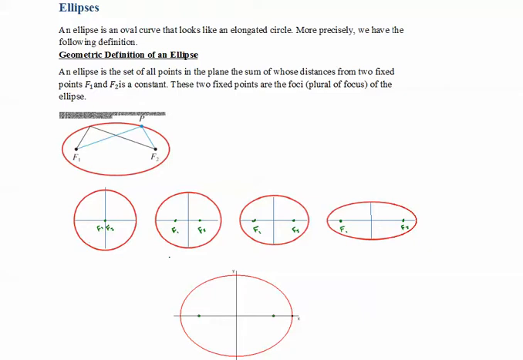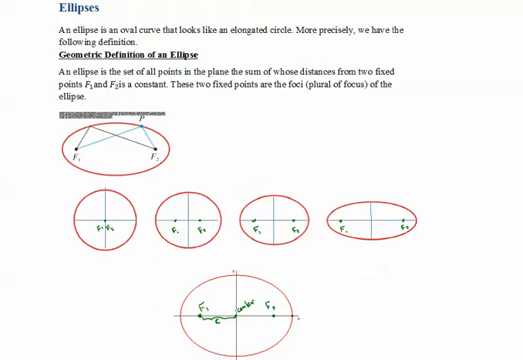And so let's see here and learn some terminology. As we've seen, these are the foci, f1 and f2, and the distance from the center to the focus, we call it c. So this distance is c.